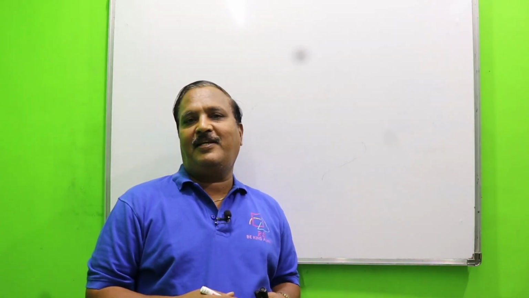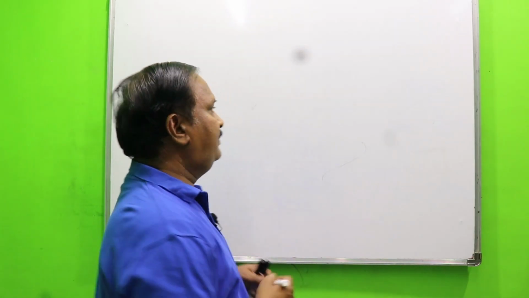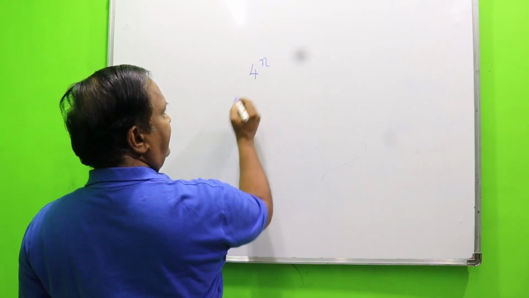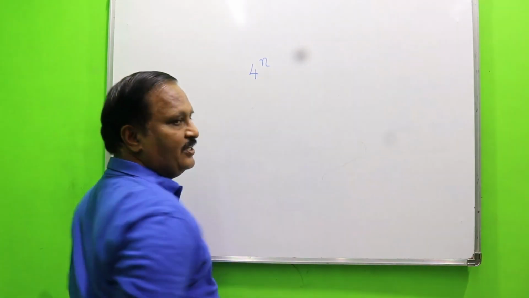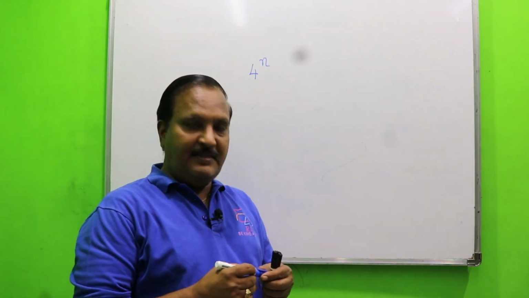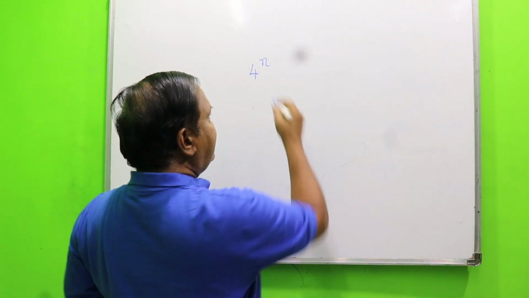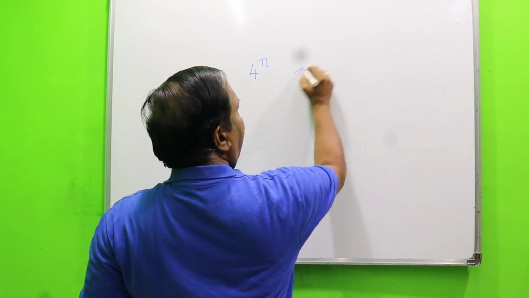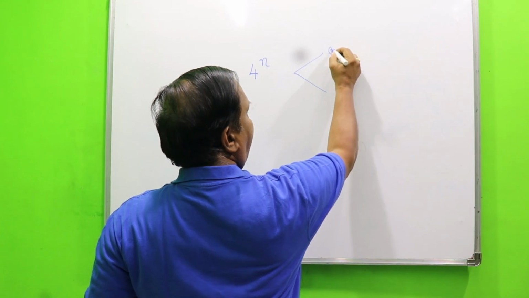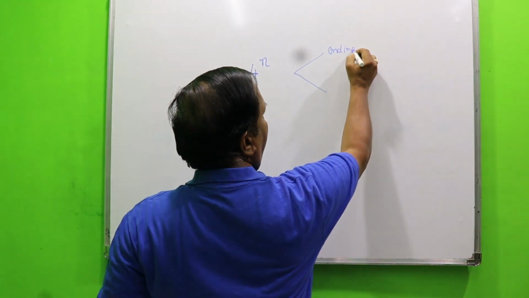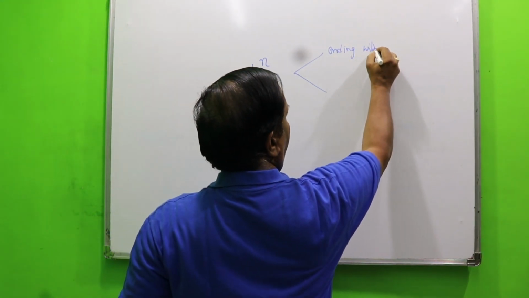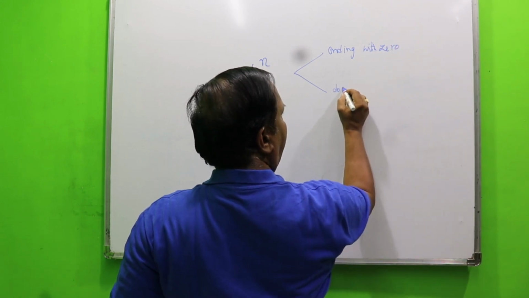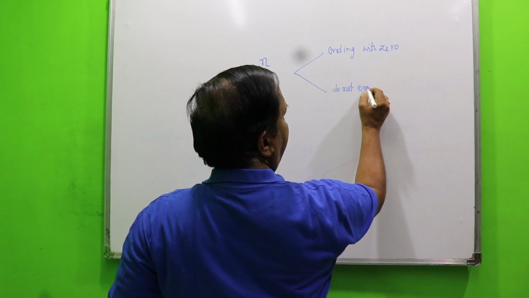Let us use the fundamental theorem of arithmetic in a problem. Consider 4 to the power of n, where n is a natural number. Whatever the natural number is, there will be two possibilities: it will end with 0, or it cannot end with 0.